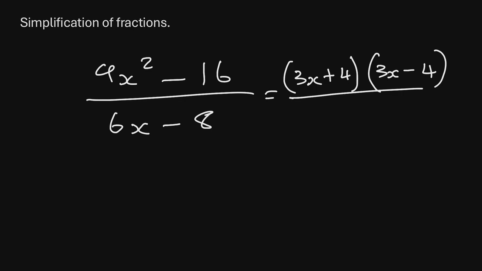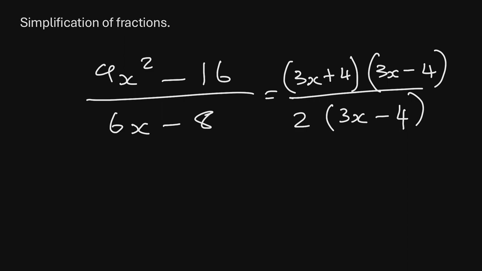Now, if we look at the denominator, we have a common factor, which is 2 in both the terms. So we are going to take out 2 as a common factor. We say 6x divided by 2, that will give us 3x. And then we say negative 8 divided by 2, that is going to give us negative 4.